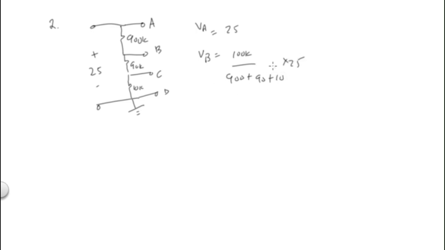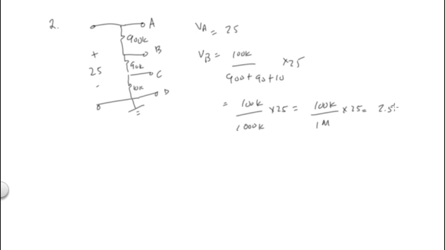So this is 100K over what? 900 plus 100 is 1000K, or 1 meg. Times 25. What does that equal?